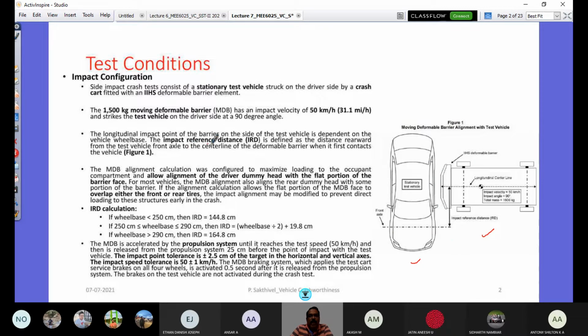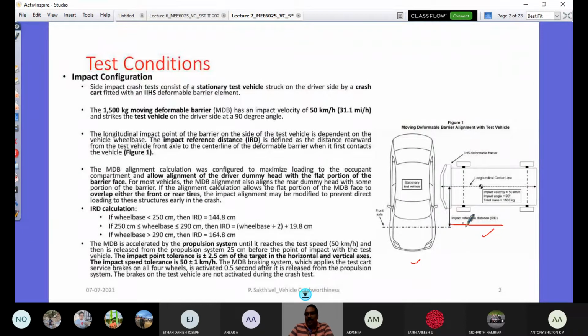The longitudinal impact point of the barrier on the side of the test vehicle is dependent on the wheelbase. So the test vehicle wheelbase is going to be important for how this barrier contact is going to happen, right? Here is the impact reference distance. It is measured from the center line of the barrier vehicle to the front axle of the test vehicle. This distance is called the impact reference distance.